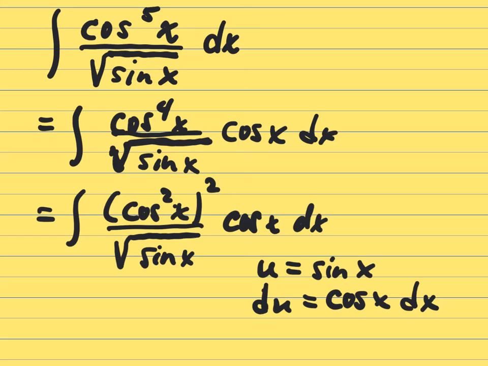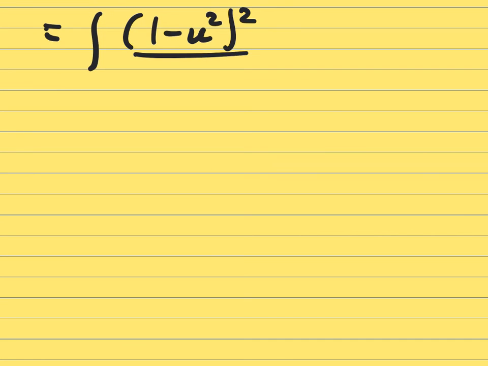Okay, so let's move to another slide where we've got more room to work. Continuing, okay, so from Pythagorean identity, cosine squared is equivalent to 1 minus sine squared.